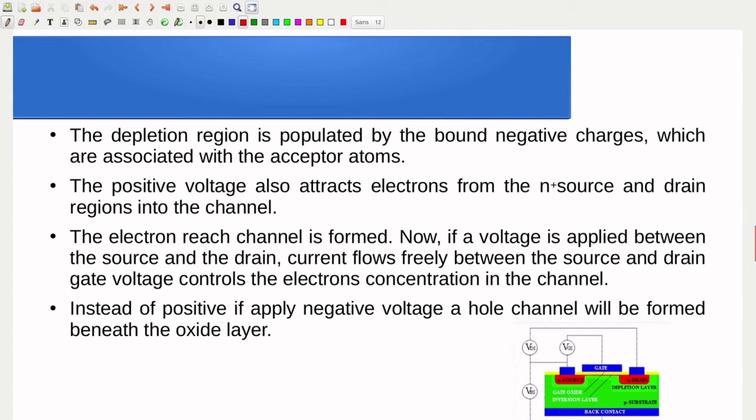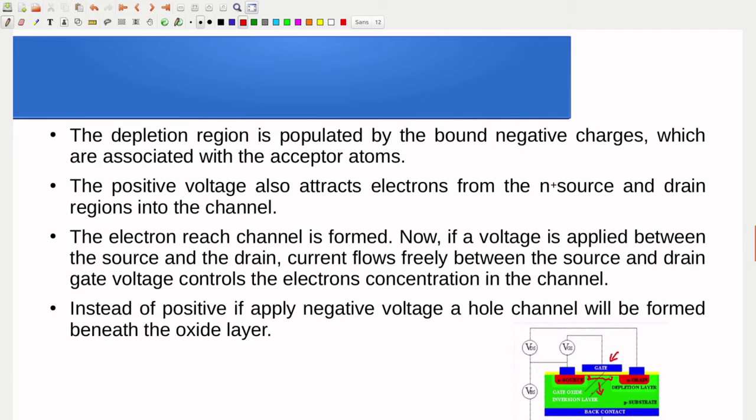And because of the positive voltage applied at the gate, holes are repelled. At the same time, minority carriers come to accumulate here, which cause the inversion.